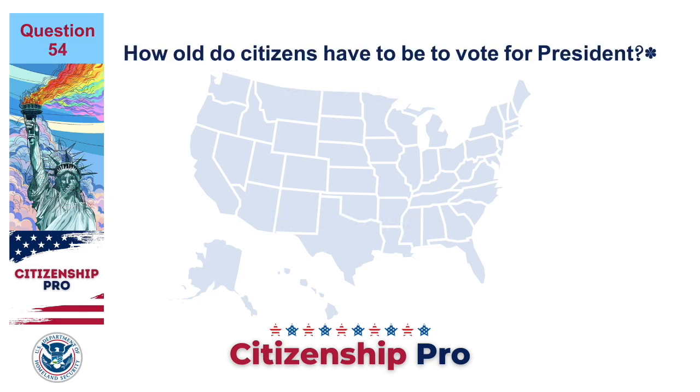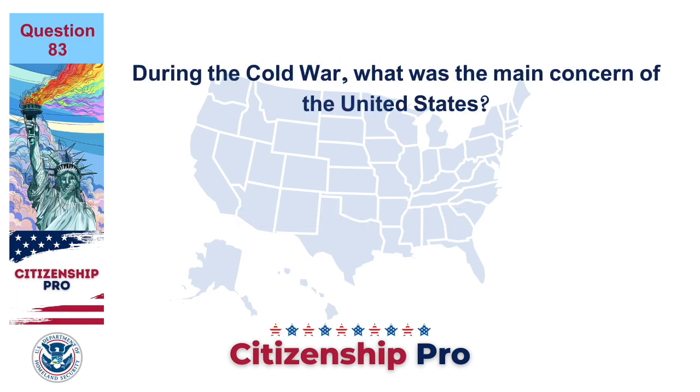How old do citizens have to be to vote for president? 18 and older. During the Cold War, what was the main concern of the United States? Communism.